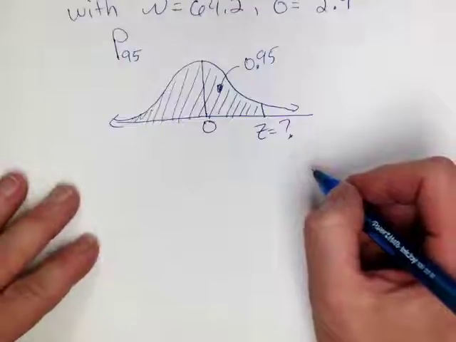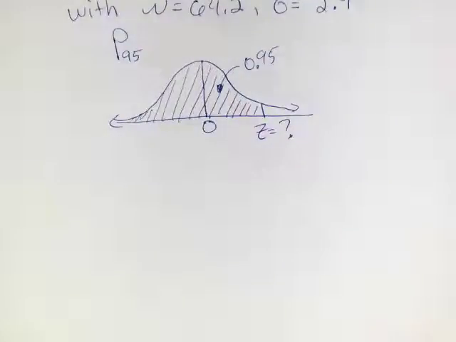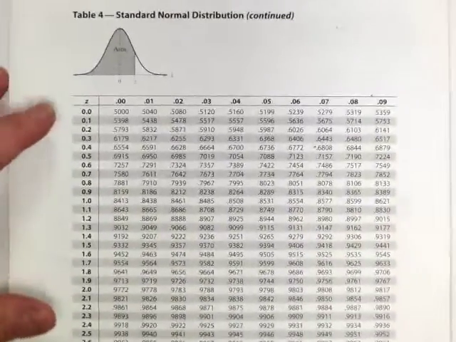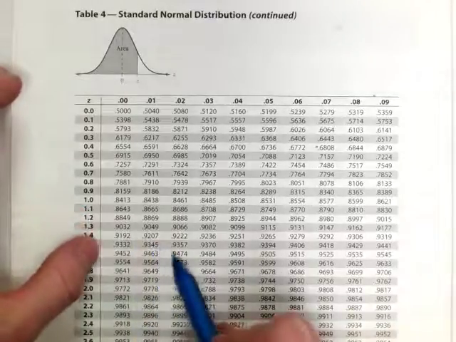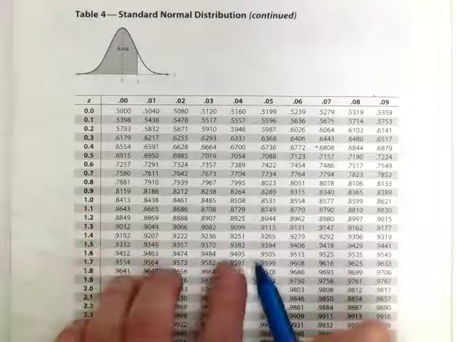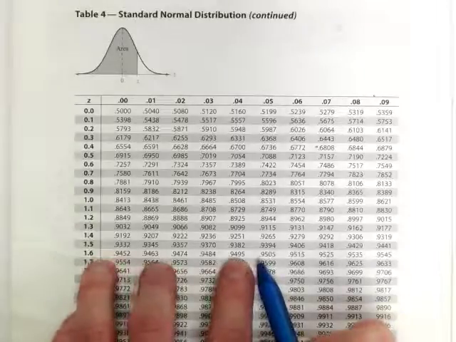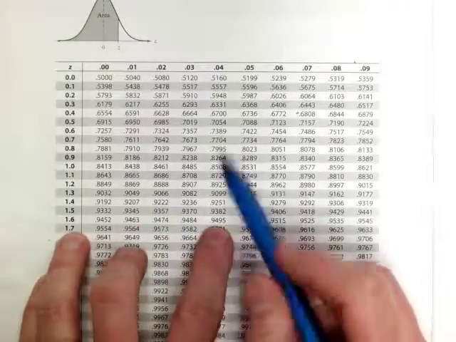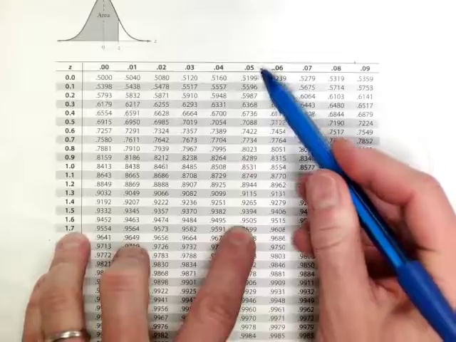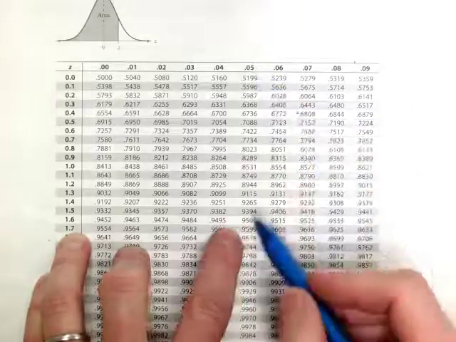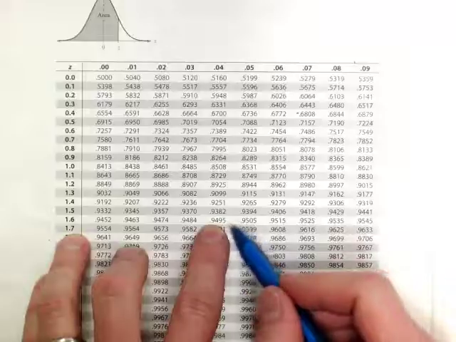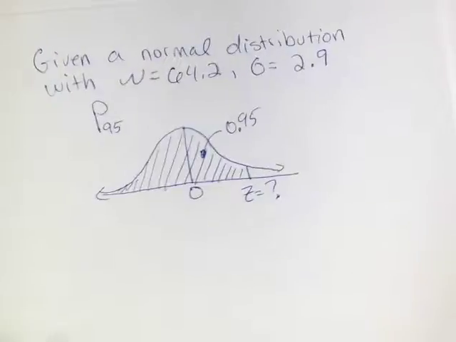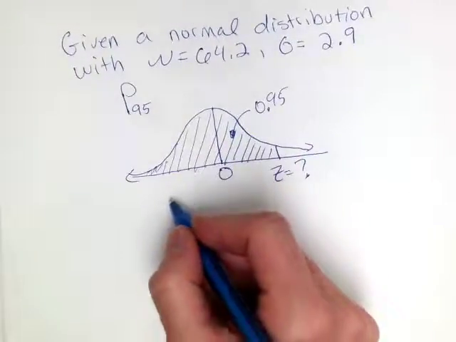Looking in the body of the table, I know my z-score is positive, so I'm looking at that second page. So 0.95. It looks like it's about halfway between 1.64 and 1.65. It looks like it's exactly halfway between these two z-scores, so I'm going to call this z-score 1.645.